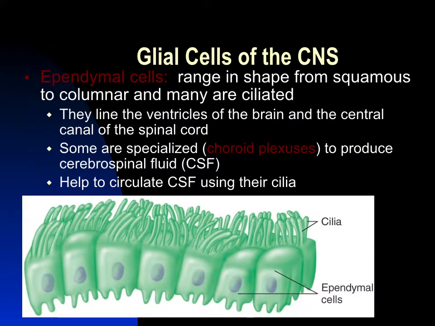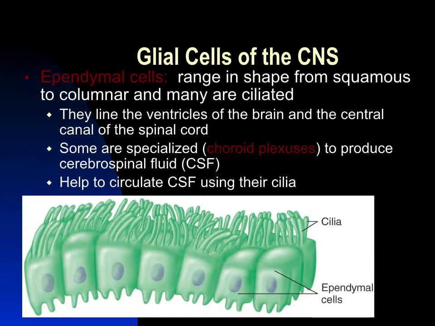Another type of glial cell in the central nervous system are ependymal cells. They actually look like epithelial cells, and they form membranes inside the nervous system. They line the spaces or ventricles inside the brain and the central canal of the spinal cord. They form structures that produce the cerebrospinal fluid, and they're ciliated, so they cause that fluid to move.